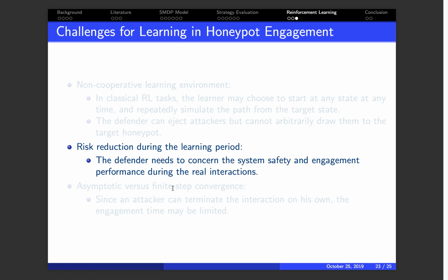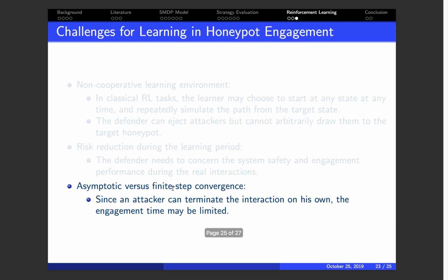Second, we get samples based on real interactions, which means that we should consider risk reduction and the engagement performance during the real interaction. Also, because attackers can terminate on their own, it's important to consider finite convergence rather than asymptotic convergence.